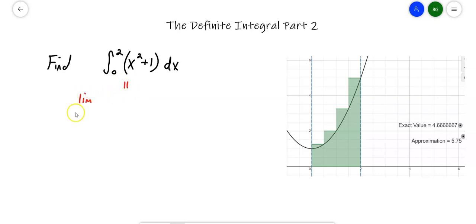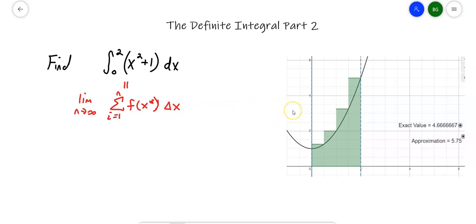We're going to find the limit as n goes to infinity of the summation, where i is 1 to n, f of x star delta x. And remember, delta x is the width of each subinterval. x star is just some sampling of some point inside that subinterval. I think everything else is pretty much explanatory.